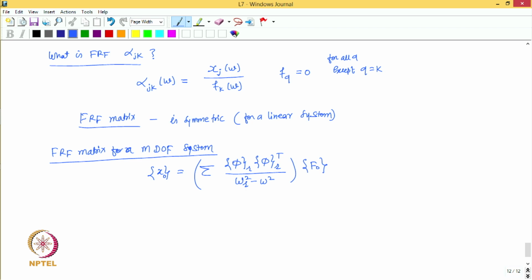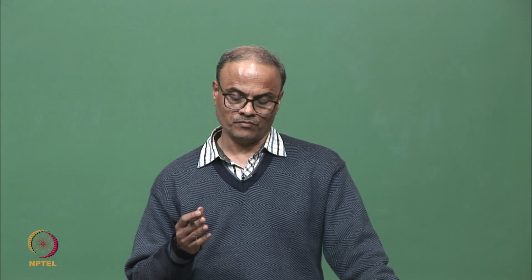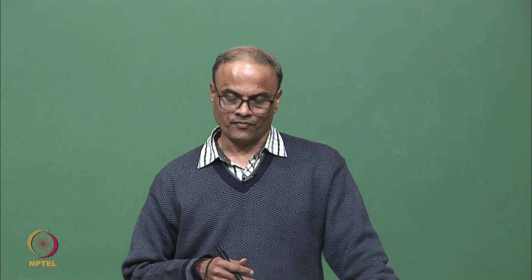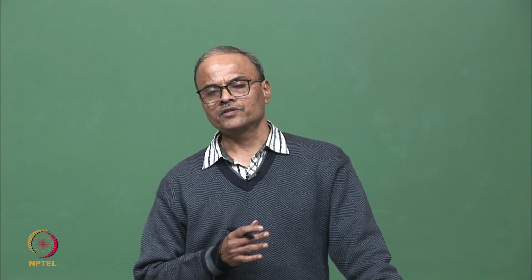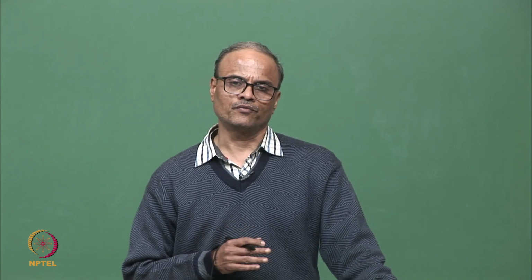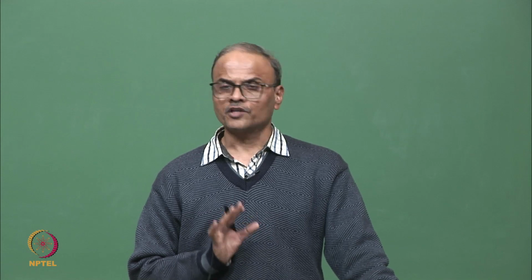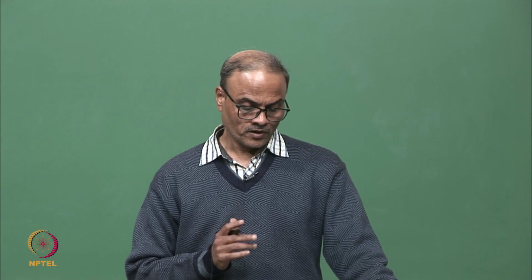So now let us say we want to find out what is FRF alpha jk. Can we identify alpha jk from this expression? Principally it should be possible, because we are applying a harmonic force whose amplitude is vector f naught, and we obtained a steady state response to this harmonic force vector. So from this expression it should be possible to determine alpha jk.